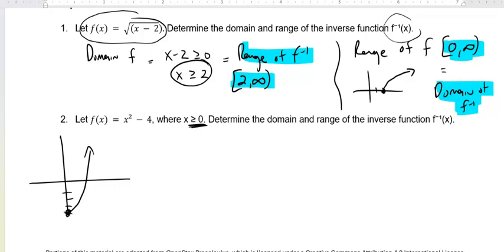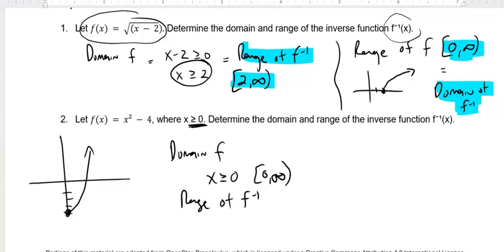It would pass that horizontal line test. Okay? So the domain of f is given. So I don't really have to do anything there because that's the restriction for f. So that's the range of f inverse. Done. And in interval notation, that's 0 to infinity.